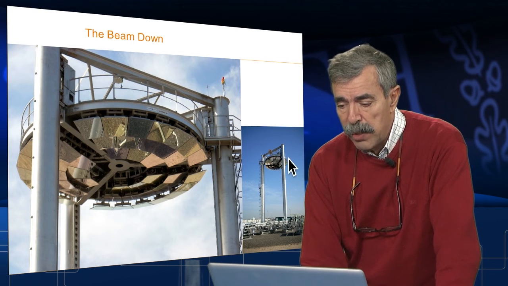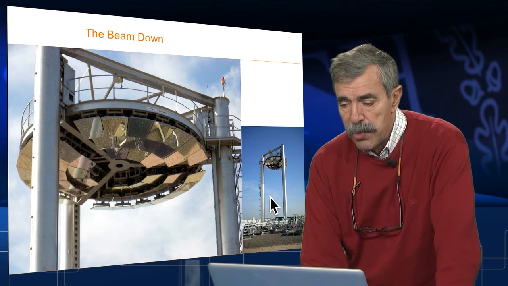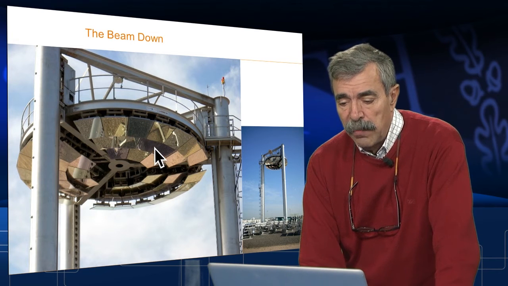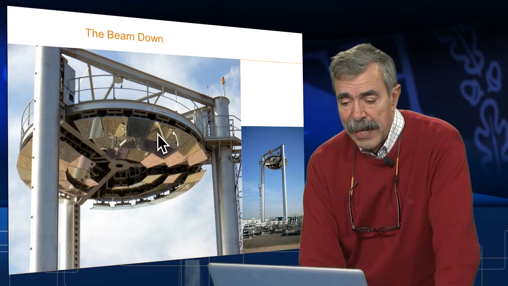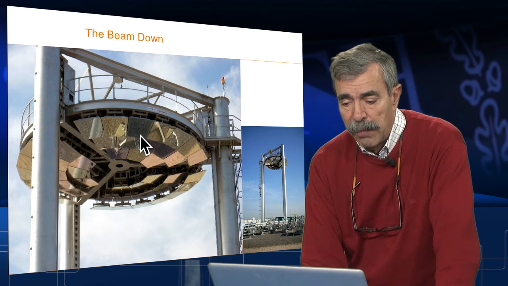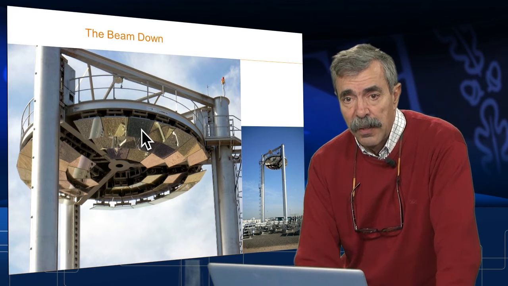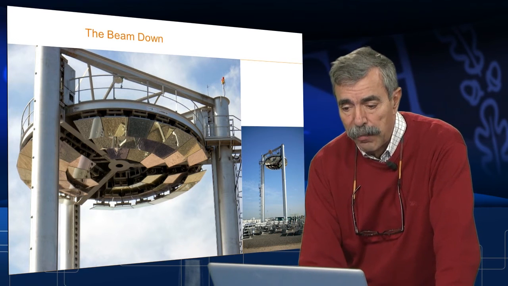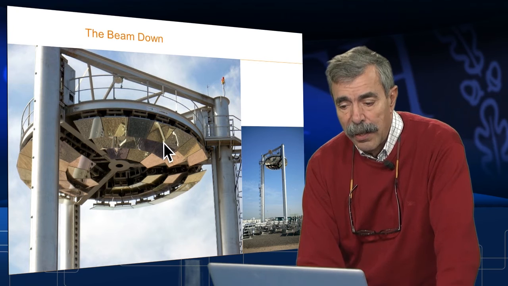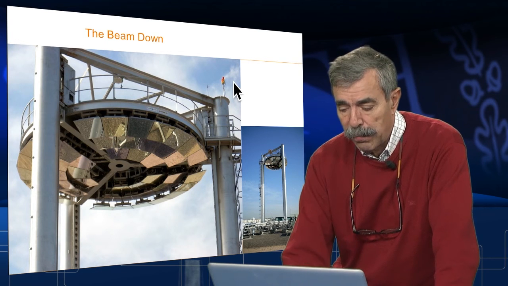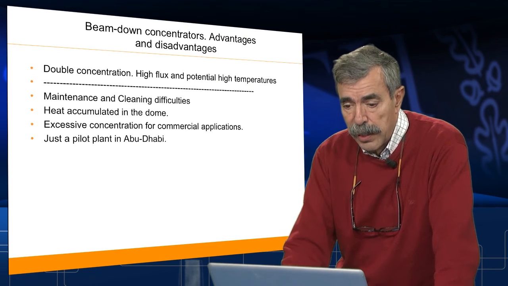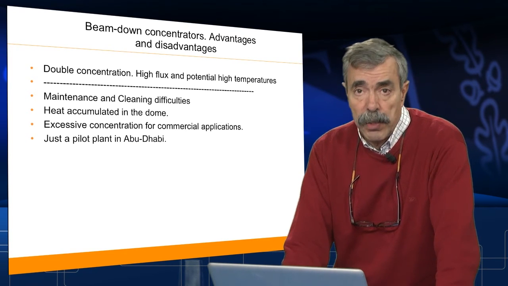And since the dome is located up there, my question is, is that an easy system to clean? Because obviously if the dust accumulates and you have a reflection in the range of 10% or something, 10% of the power that is received needs to be evacuated, and that's a lot of energy. Besides, I consider that the concentration is too high.